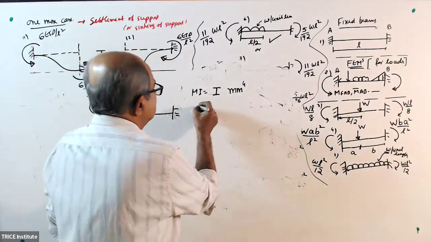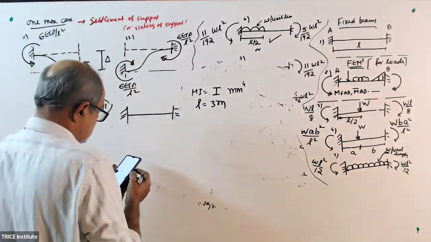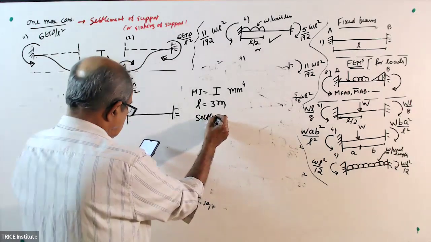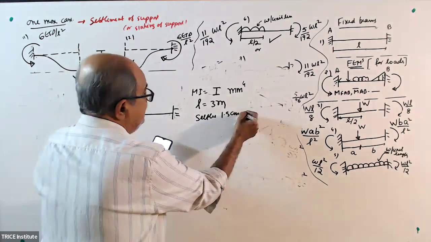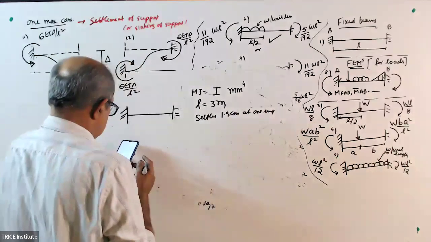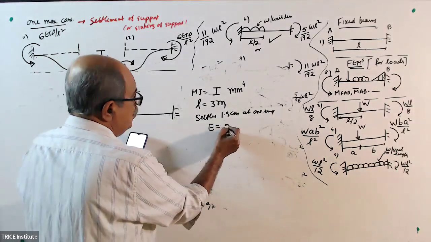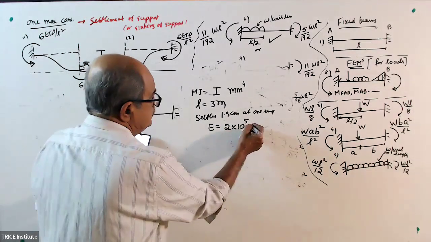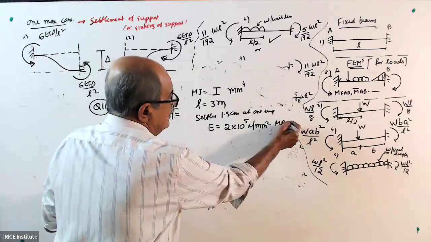Span 3 meter. Settles 1.5 centimeter at one end. Modulus of elasticity E is 2 into 10 to the power 5 Newton per mm square, or they can tell MPa. Remember, both are same.